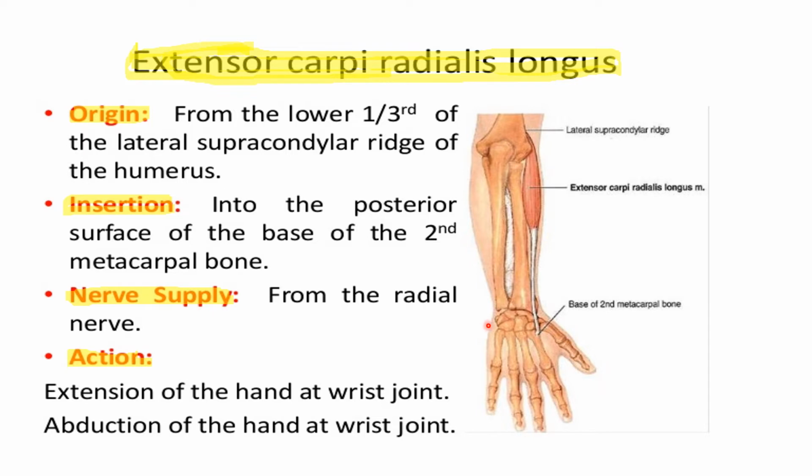These are the carpal bones, these are the metacarpal bones, and these are the phalanges. Its nerve supply is the radial nerve, and its action is extension of the hand at the wrist joint and abduction of the hand at the wrist joint. So extensor carpi radialis longus plays an important role when clenching the fist.